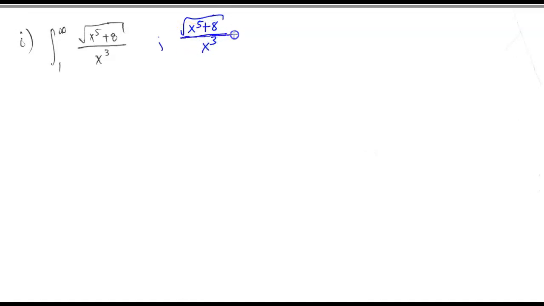Our actual integrand is this. A closely related function to this will just be the square root of x to the 5th over x cubed, which, if we rewrote it, would be x raised to the 5 halves minus 3, and 3 can be written as 6 halves, which is x raised to the negative 1 half, or could be 1 divided by x raised to the 1 half.